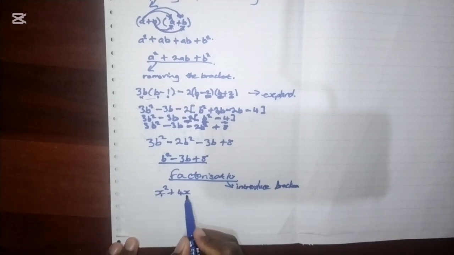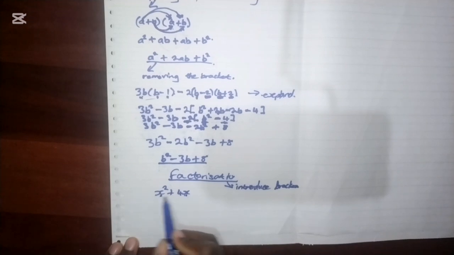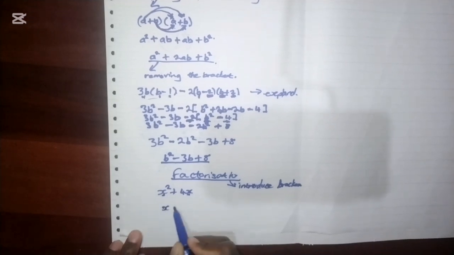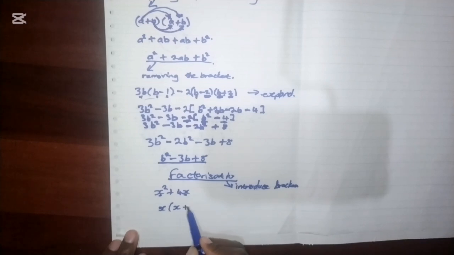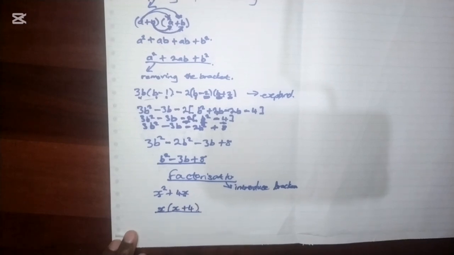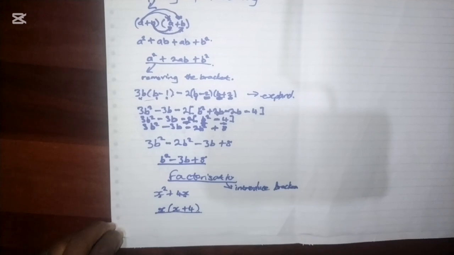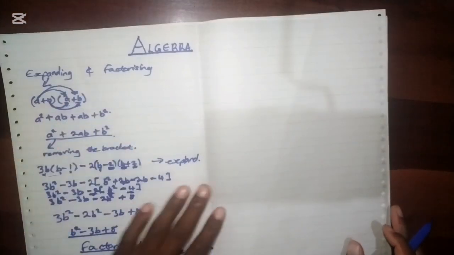We look for something that is common, and it's x. We can factor out x. If we factor out x here, we're left with x, and if we factor x there, we're left with positive 4. Simple as that.